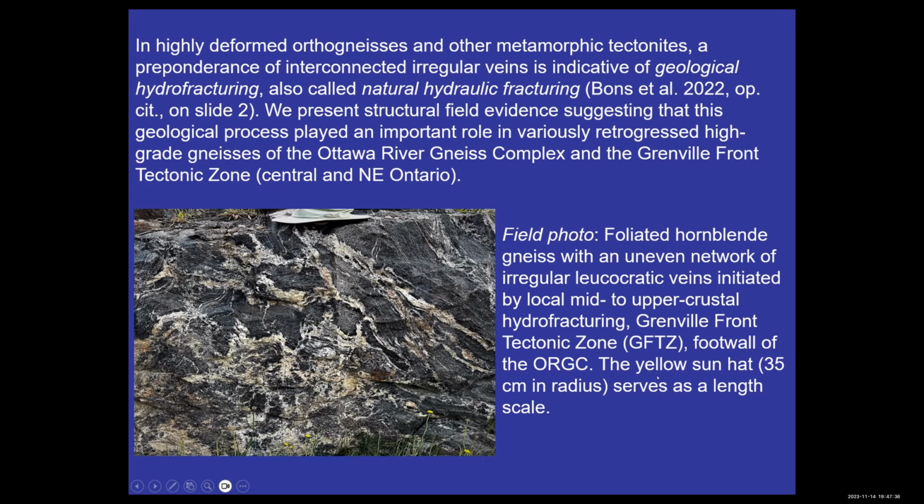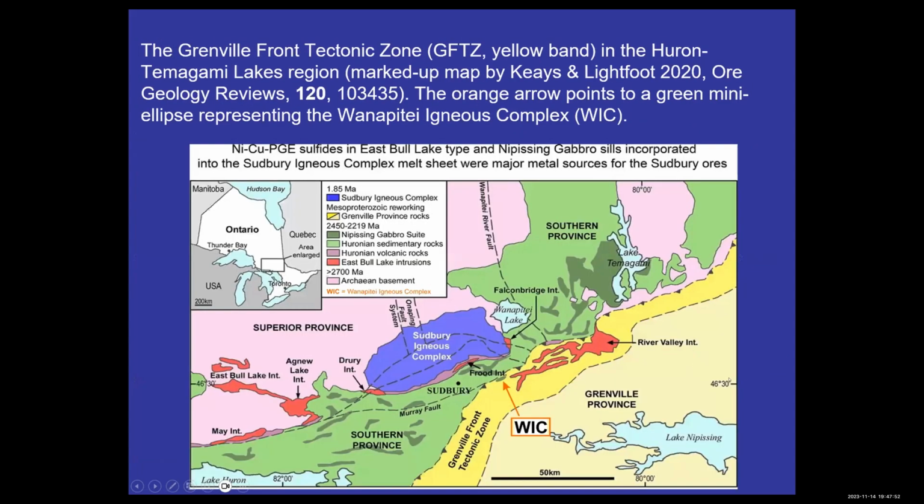And it's local, okay? Because other rocks, which are more felsic, don't have these features. The yellow sun hat on top here is the scale, so you can see what the scale is for this outcrop.